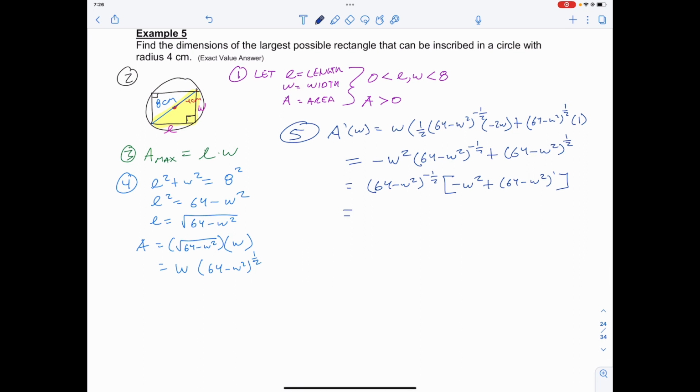Which means I can combine those negative W squareds, and I'm going to get 64 minus 2W squared. And in the denominator, when I move that negative exponent down, the square root of 64 minus W squared. Or I can factor the numerator and get 2 times 32 minus W squared, all divided by the square root of 64 minus W squared.